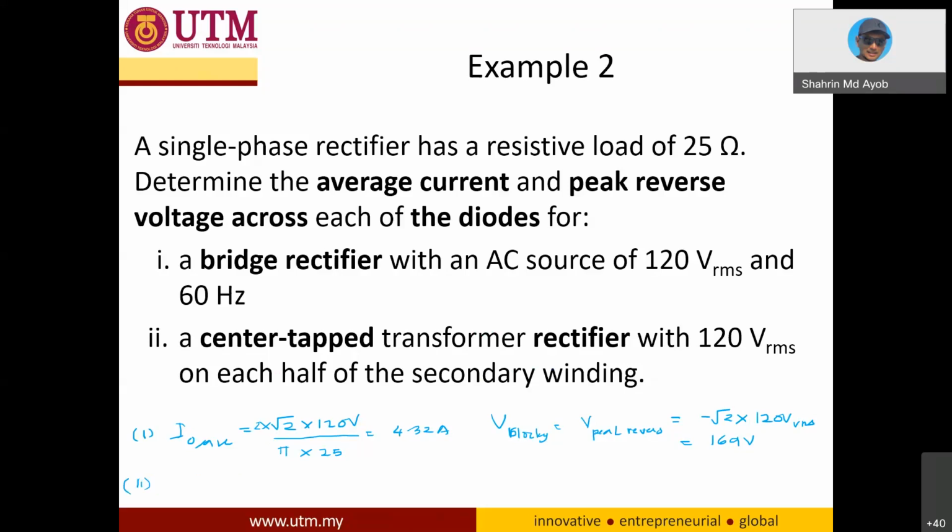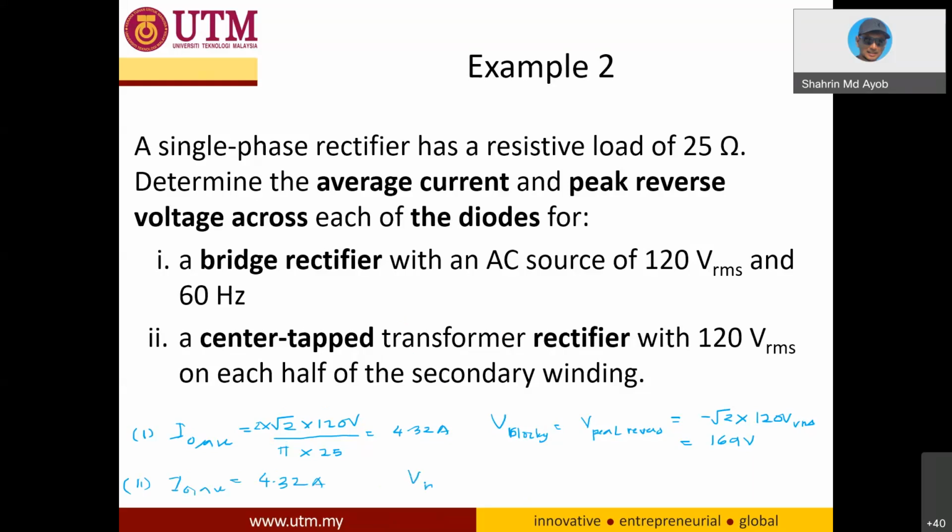So the second one, a center tap transformer. I think for this one the I out average uses the same equation. There is no difference. The answer should be the same, 4.32 amperes also.